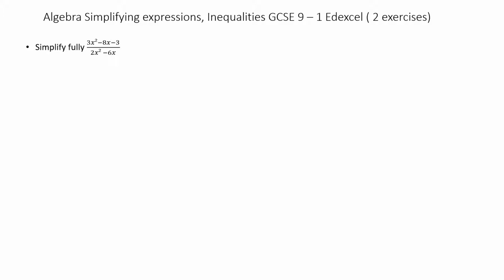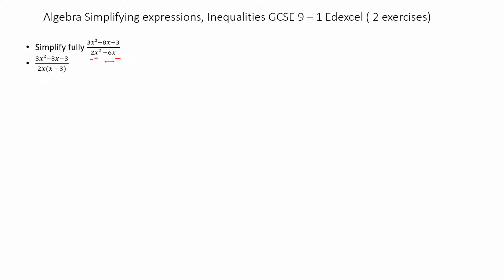Now, the first thing I do is to factorize the denominator there. I do that by noticing that 2 is a factor of 2 and 6, and x is a factor of x and x squared.